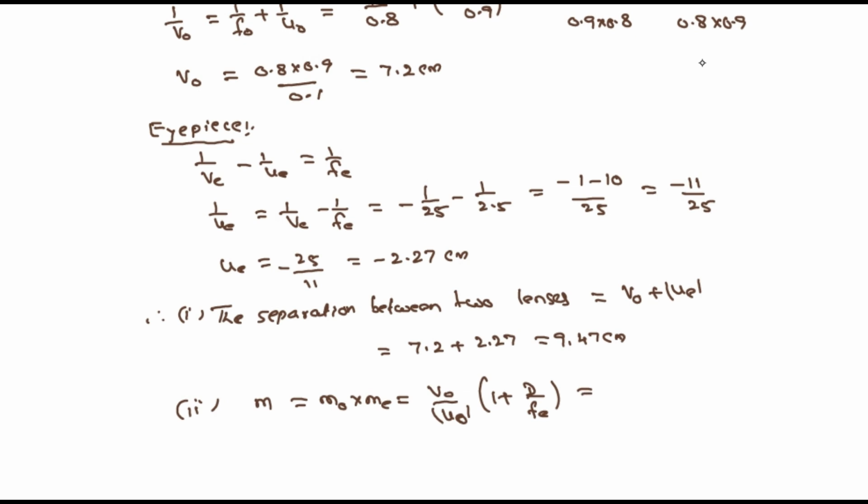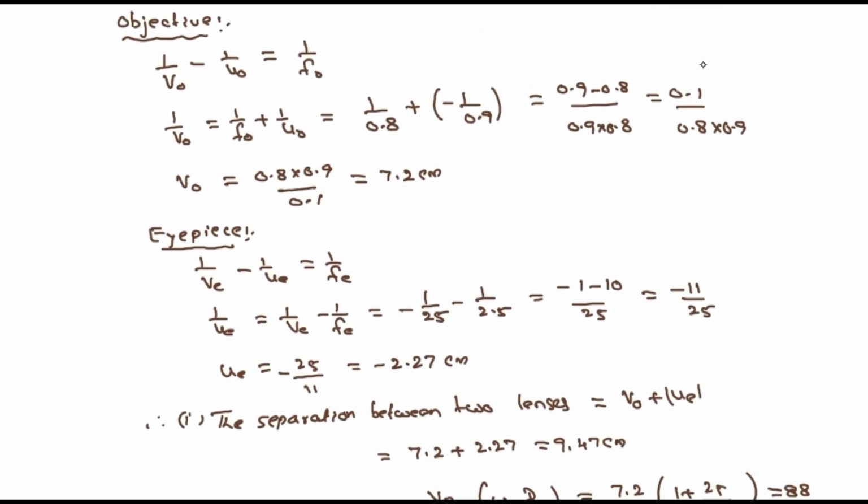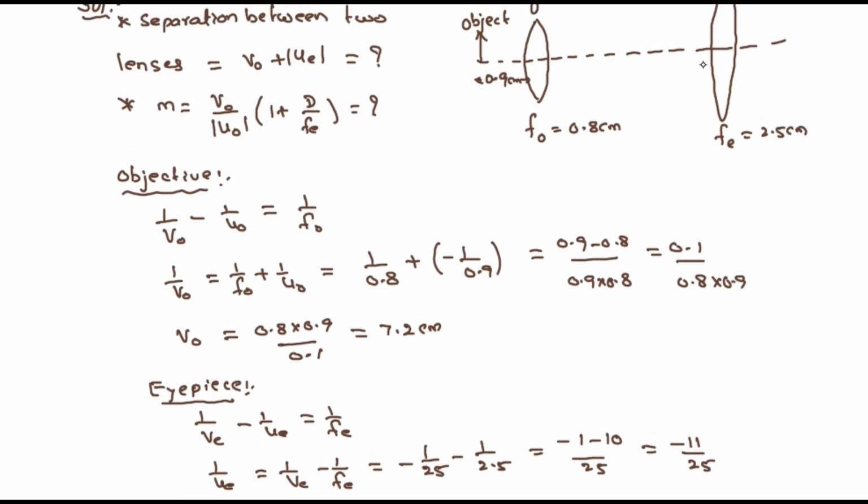Substituting the values, V0 is 7.2 divided by U0, which from the given data is 0.9, into 1 plus 25 divided by fe, which is 2.5. After simplification, we get 88. It is dimensionless. So this is the separation between the two lenses and the magnifying power. The gap is 9.47 centimeter.